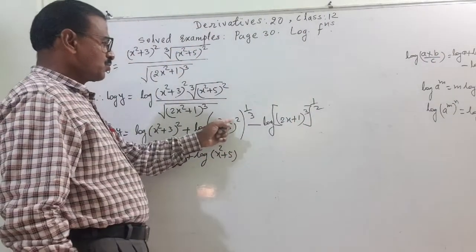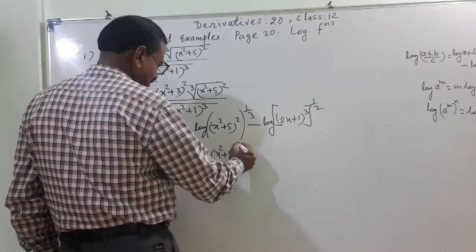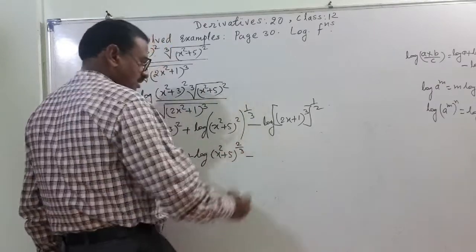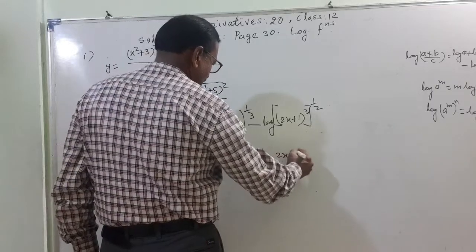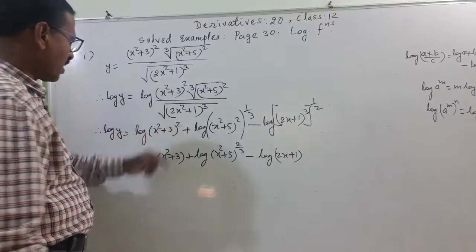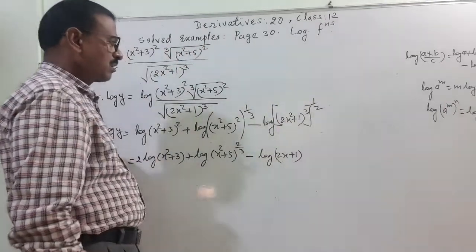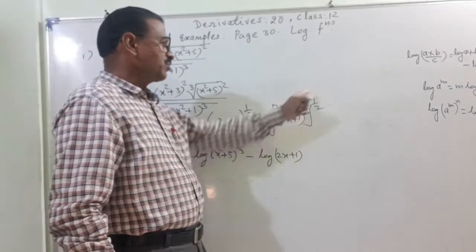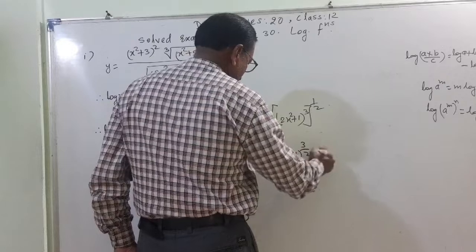Means this is 2 into 1 upon 3, so that is 2 upon 3, minus log of (2x square plus 1) raised to 3 raised to half, means 3 into 1 upon 2, that will be 3 upon 2.